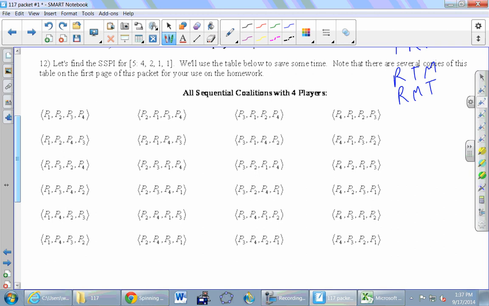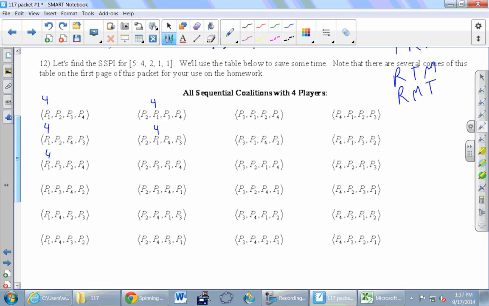So here's the first thing that I recommend. It's a little bit time consuming, but I think it makes things really clear. I'm going to go through all 24 of these, and I'm going to put next to P1, how many votes does P1 have? 4. So I'm going to go down here and put 4s right above all the P1s. And then once I finish that, I'm going to go to the P2s and put how many votes?